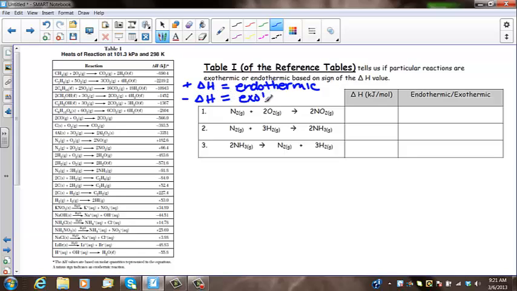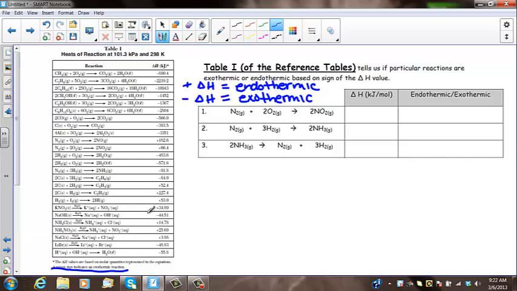And I want to draw your attention to the bottom of the table. There is an asterisk on your reference table that says the delta H values are based on molar quantities represented in the equation. A minus sign indicates an exothermic reaction. So if you forget, it is written there, you just have to remember to look.